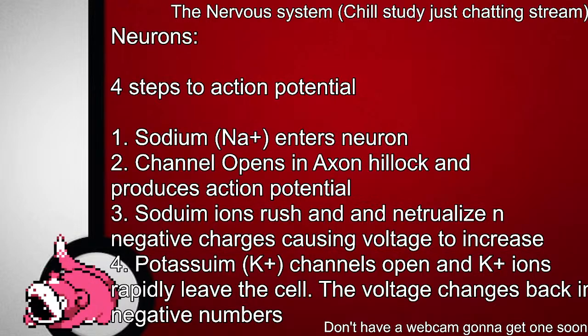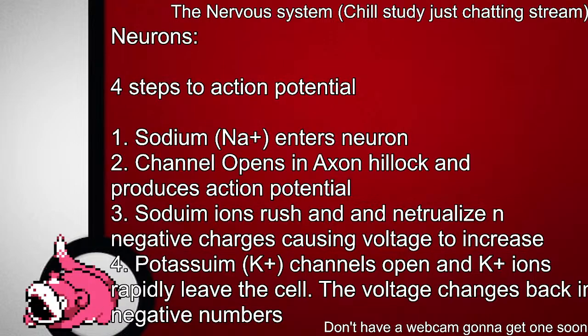Where's my depolarization card? I don't think I made a card for that. I think I did. Yeah: a shift in electrical potential across the membrane. Okay, so that causes depolarization. And then the third step was that. The fourth step was the potassium gates open up and potassium rushes out of the cell, which causes repolarization.